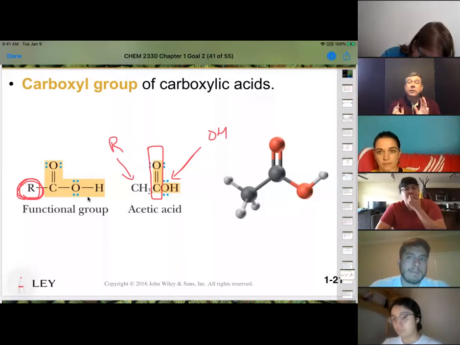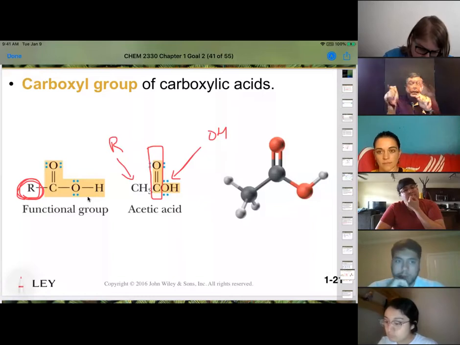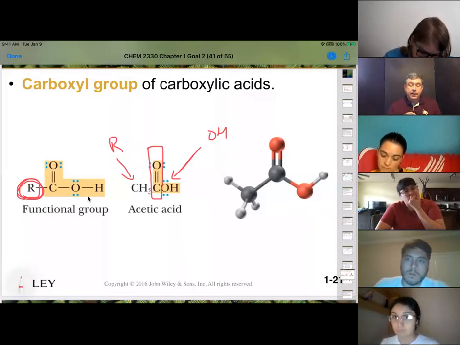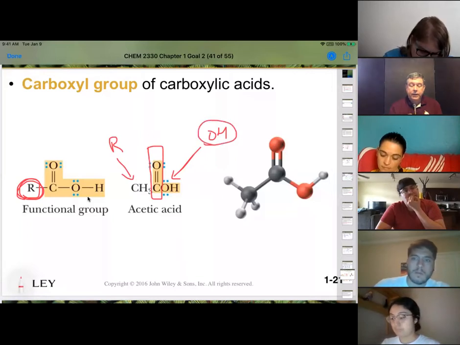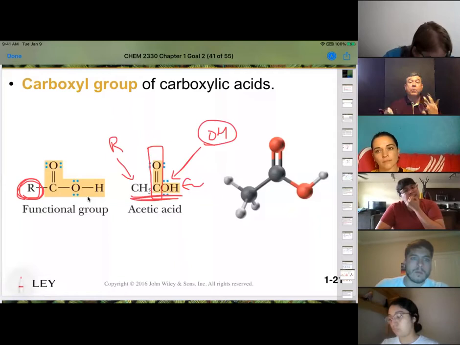That's different than the aldehyde or the ketone, because the aldehyde has an R and an H, and the ketone has an R and an R. The OH is a recognizable feature, and it's really interesting because it makes this hydrogen able to be pulled off very easily. So that's the carboxylic acid group.